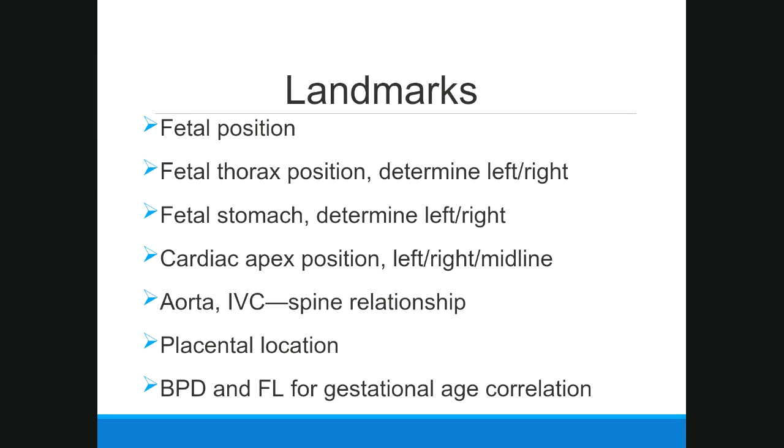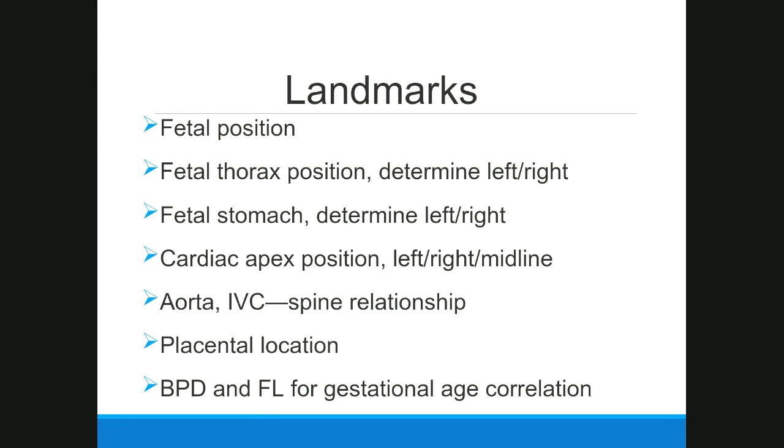Looking at the position of the apex of the heart, it should be pointed 45 degrees plus or minus 20 degrees to the left. If it's not, we need to document aorta and IVC. We want to look at the placenta as always. And we want to do at the minimum a BPD measurement and a femur length measurement for gestational age correlation.